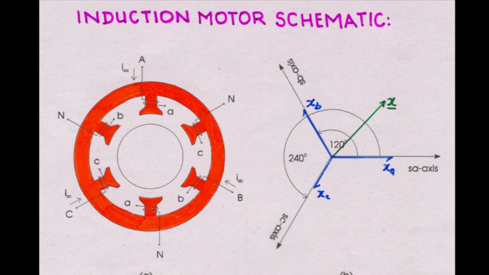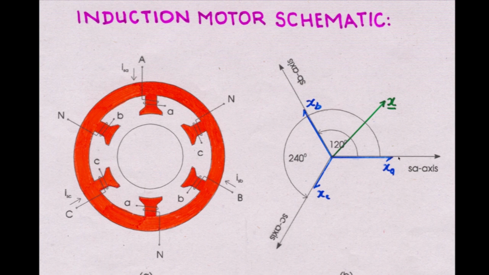So you have three sets of coils: the A coil here, the B coil, and the C coil, and they are spatially distributed 120 degrees apart. They can be represented in the form of three axes. You have the stator A axis, stator B axis, stator C axis, and any parameter along the A coil, like the current and voltages, can be represented along the A axis.